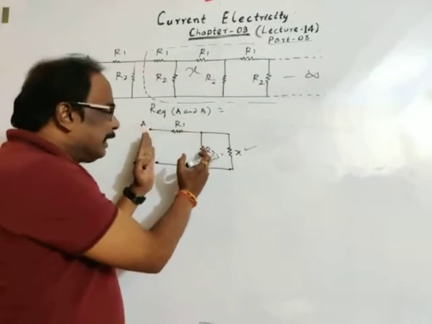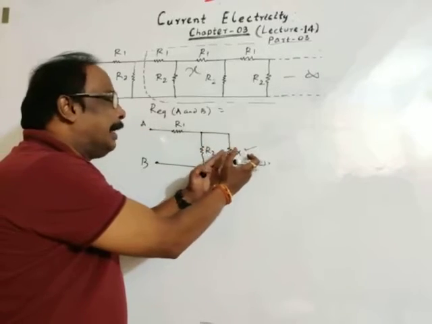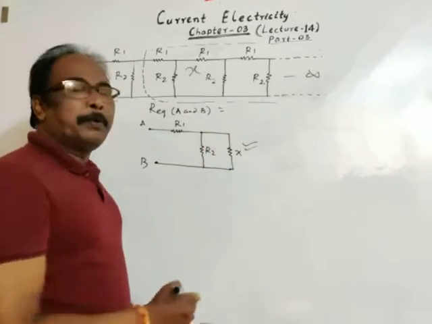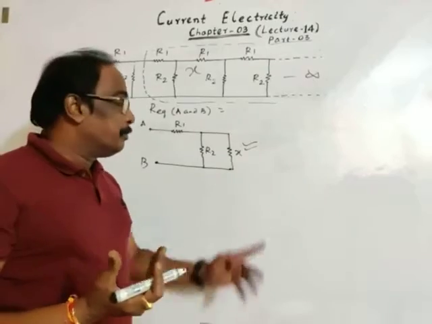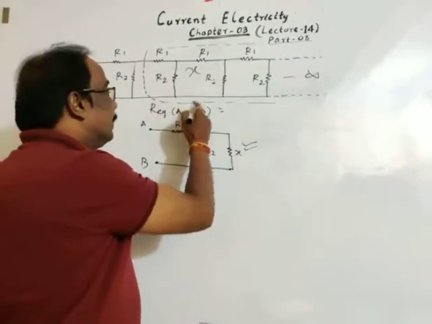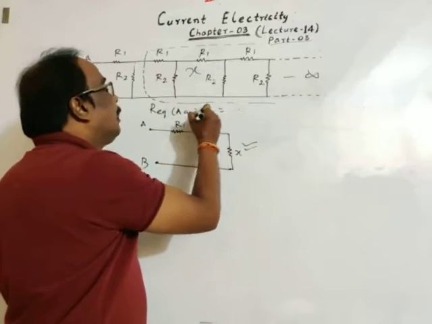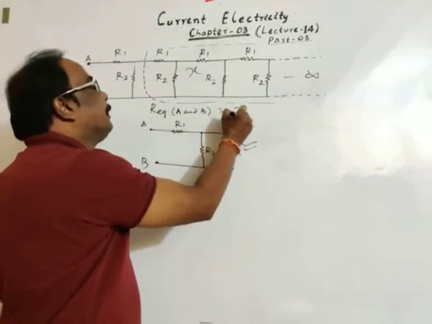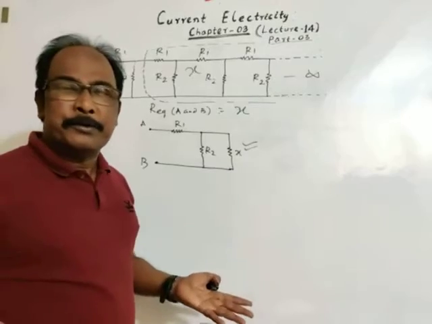If a single set is combined with this equivalent resistance of infinite sets, then the equivalent resistance between A and B will also be X.